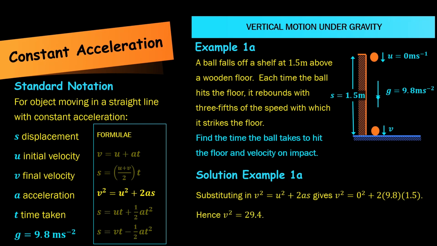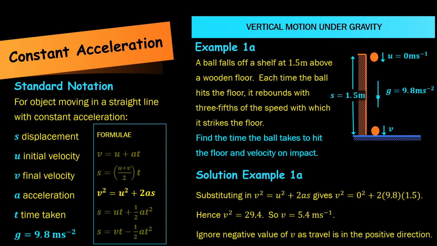And calculating gives us v squared equals 29.4. Therefore, v equals 5.4 meters per second. We're going to ignore the negative value of v, as travel is in the positive direction.